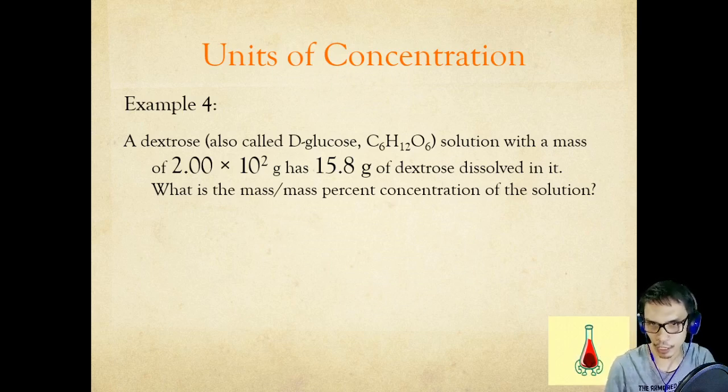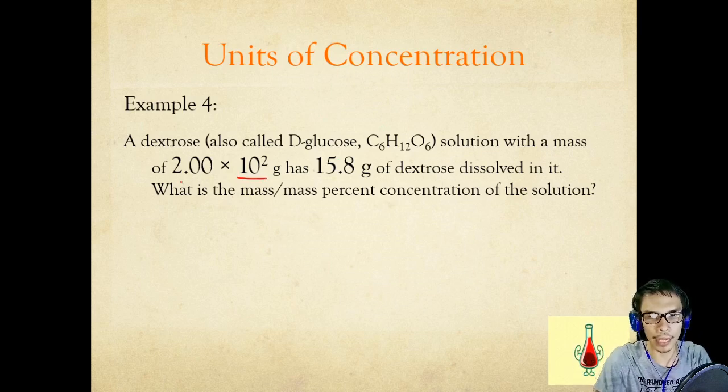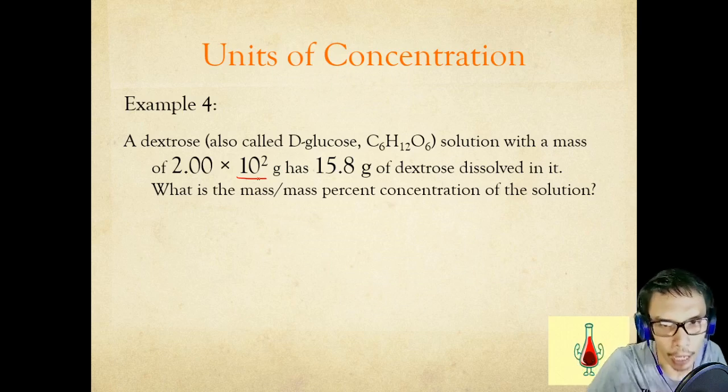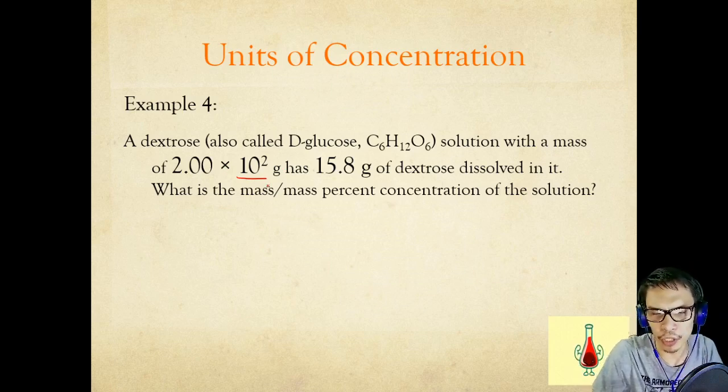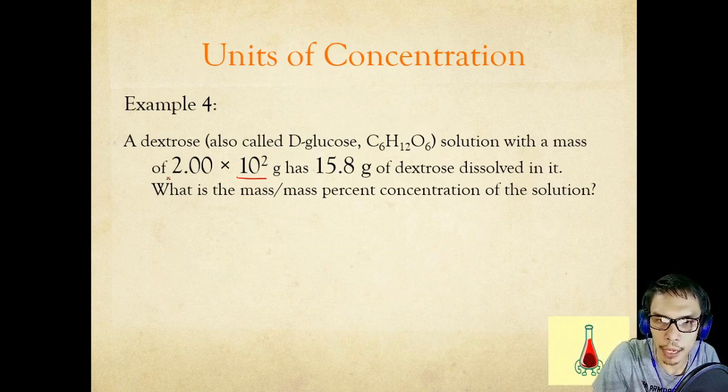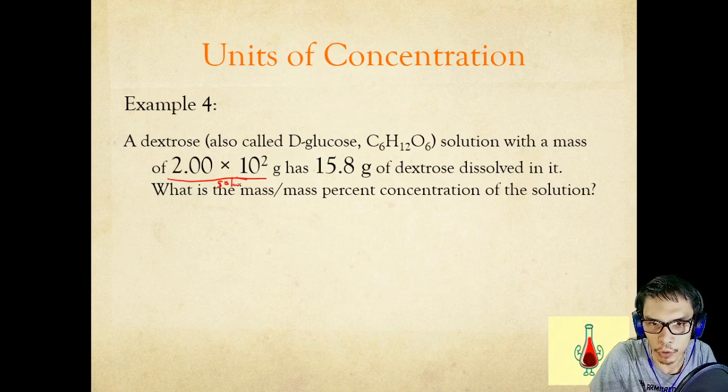This example is pretty easy if you already know how to deal with scientific notation values, so this will not give you difficulty. Let's take a look. The solution has a mass according to the problem, so this is the mass of the solution.